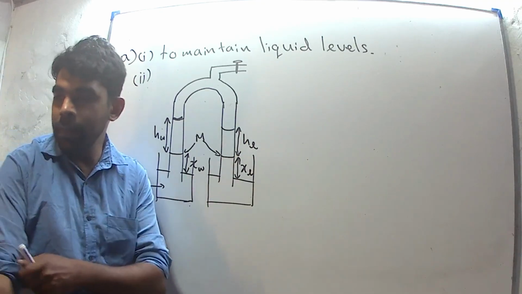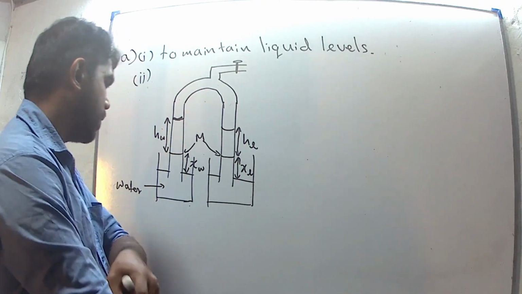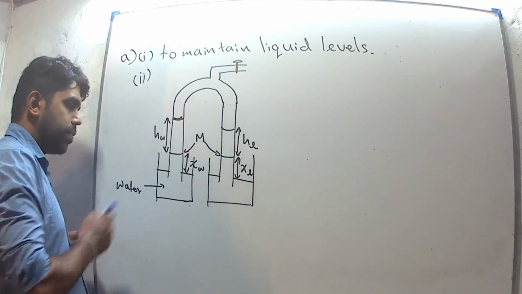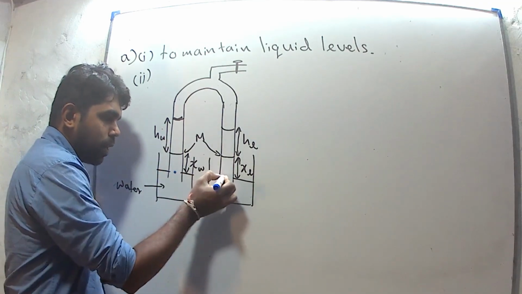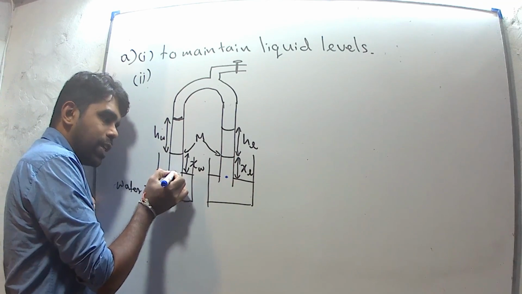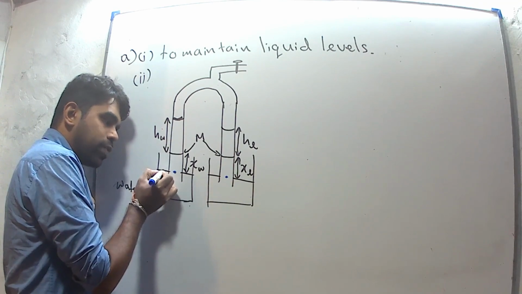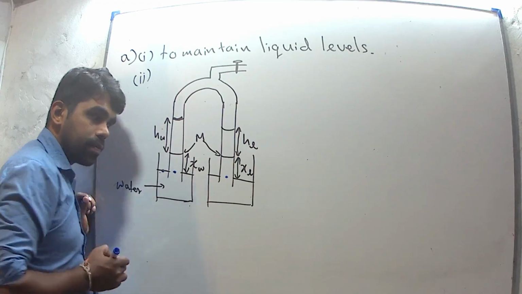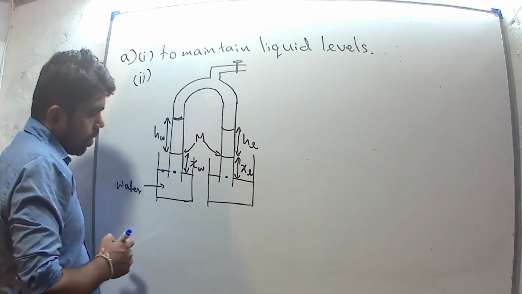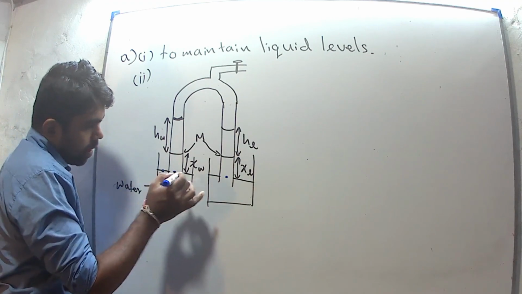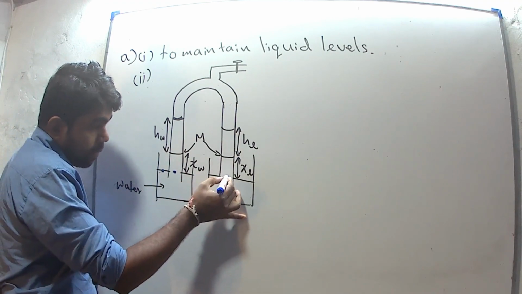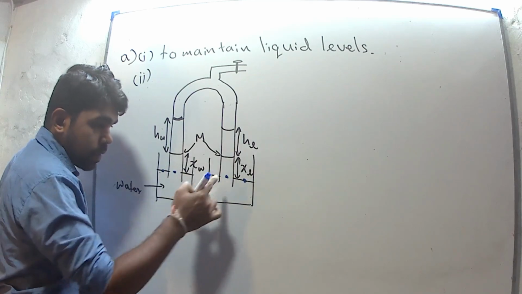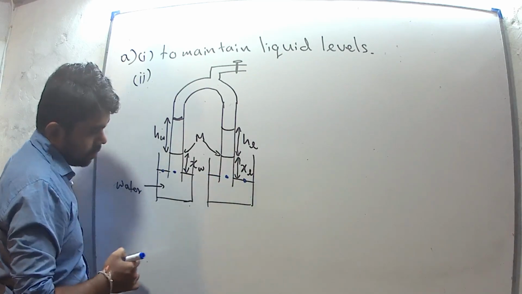According to Pascal's principle, there is the same pressure at this point and this point, same liquid and same height. And the pressure at this point equals the pressure at this point, same liquid and same height.